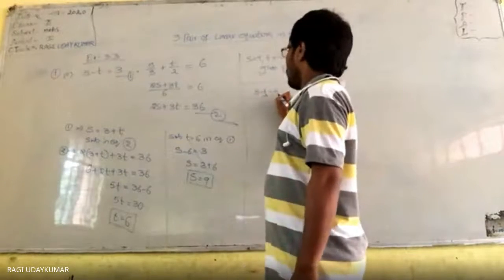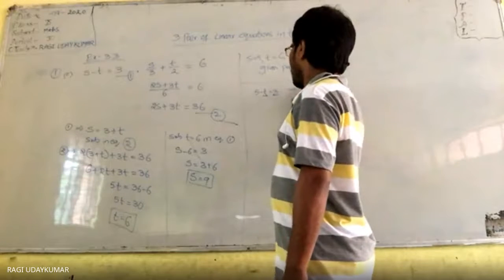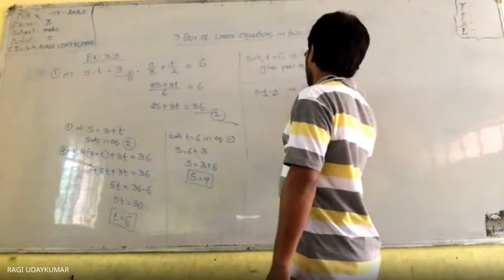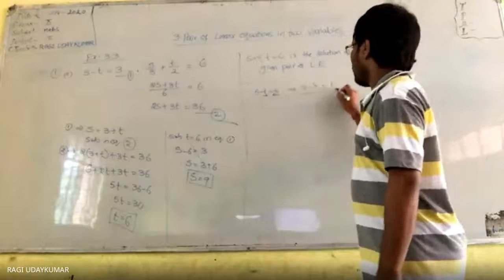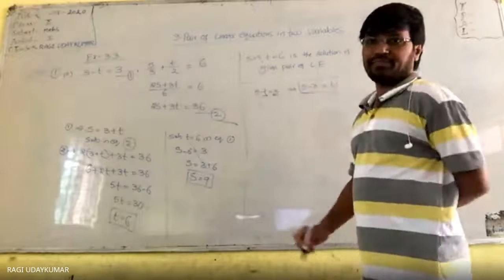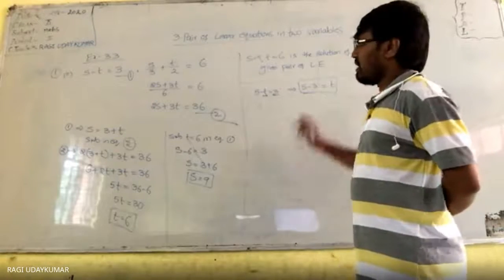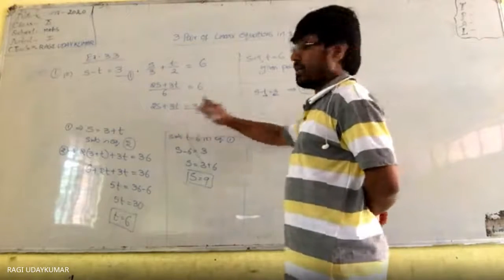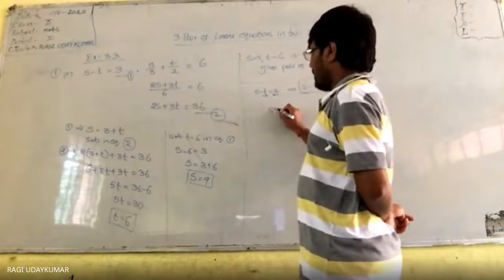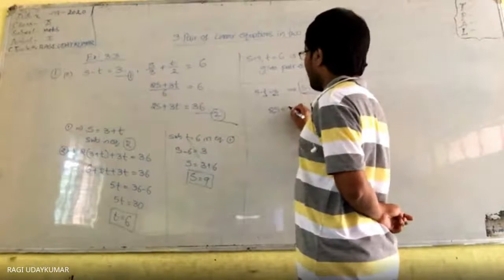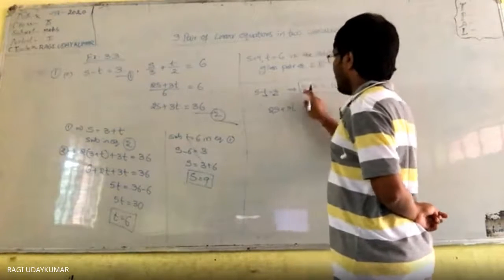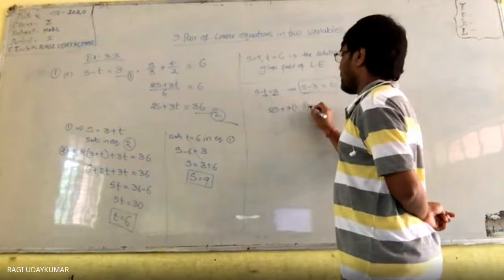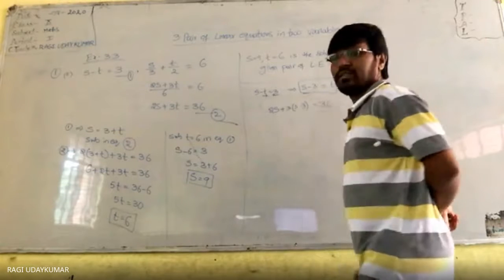Send t to the other side and 3 to this side. So what do you get here? s minus 3 is equal to t. So t is equal to s minus 3. That t value you substitute in the second equation. Now the second equation is reformed into 2s plus 3 into (s minus 3) is equal to 36.